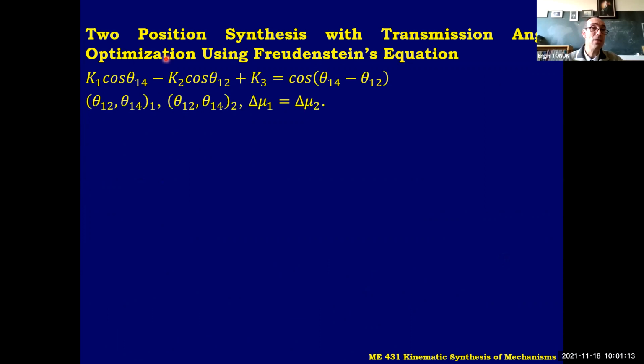Now, this optimization, it should be said in quotes, optimization is just making the deviation of transmission angle from 90 degrees in position 1 equal to the deviation from 90 degrees at position 2. So it's not minimizing, it's not really optimizing, okay? This is again in a minimax sense.